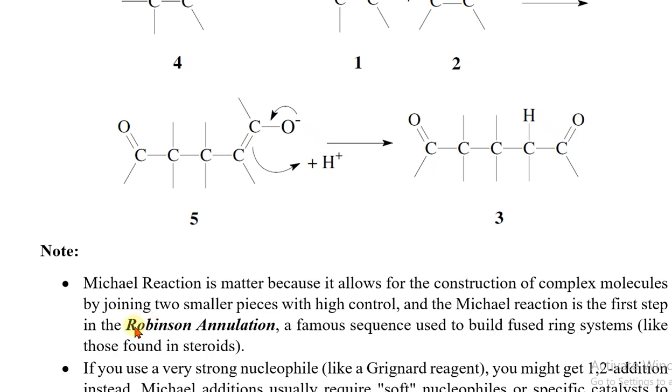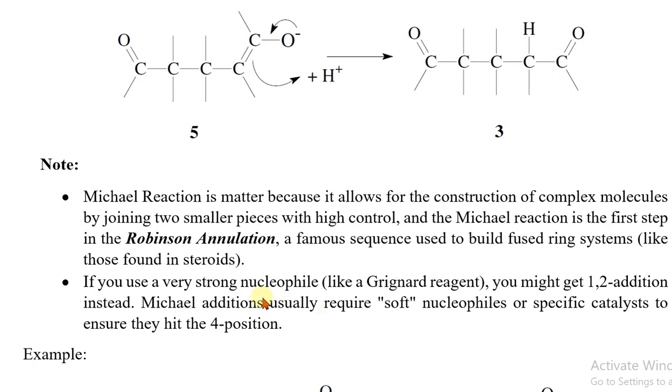The first step of the Robinson annulation is the Michael addition. It is a famous sequence, not just one reaction but a multi-step synthesis, used to build a fused ring system.